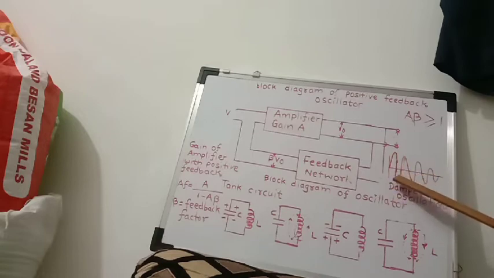Total is 360 degrees. So this is a quarter, that is 1/4 cycle. This is half cycle, this is 3/4 cycle, and this is full cycle.